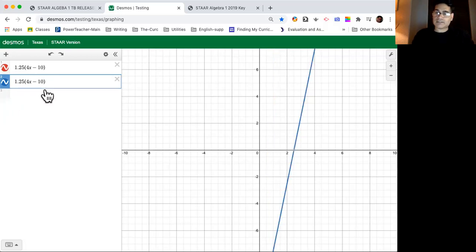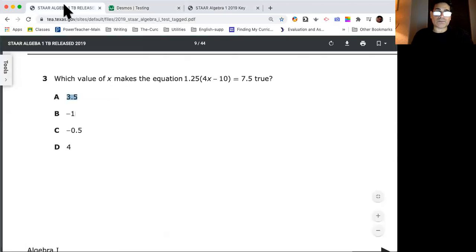I put that back, parentheses, enter my value, and we get Desmos to do the calculation for us. 1.25 multiplied by what's in here. If you're doing this on paper, you would multiply these two out, subtract this, and then multiply by 1.25. Notice how quickly Desmos does it. You have a 5, and that does not make this statement true.